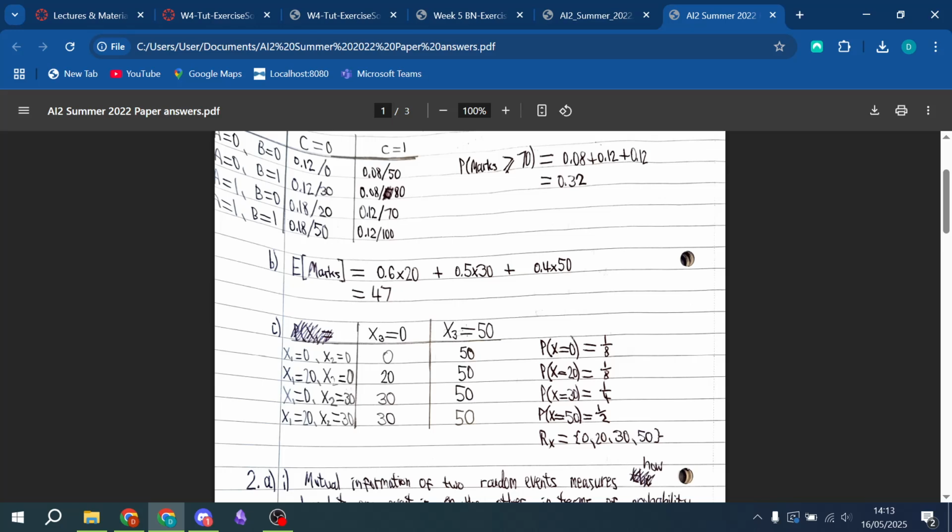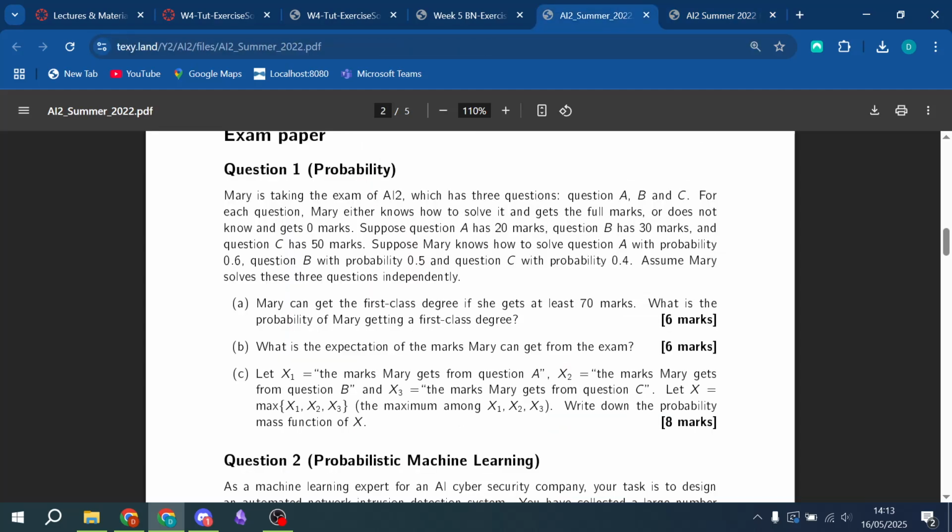Because all the possible values of x are 0, 20, 30, and 50, because each question gives 20, 30, and 50 marks respectively. But because 50 is the largest, if she gets C right at all, that's going to be the value of x.